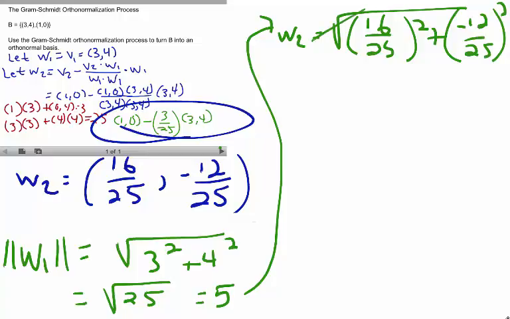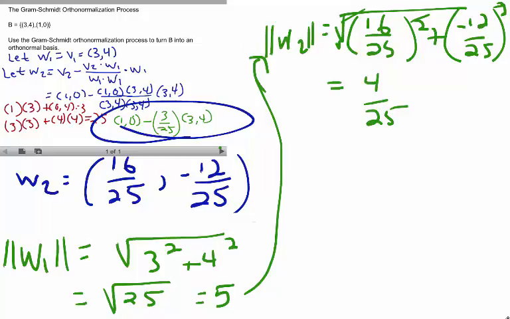We can cancel our square root of a square. 16 25ths plus negative 12 25ths is equal to 4 25ths. I'm sorry, that's actually 4 fifths. And you can verify that using your calculator.